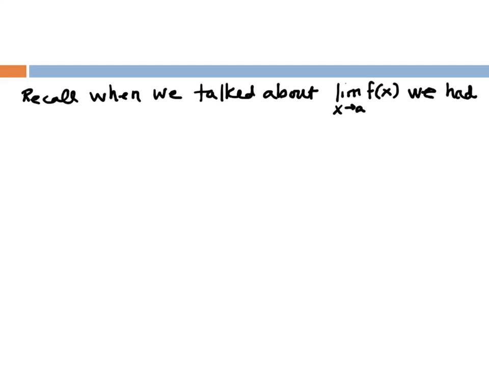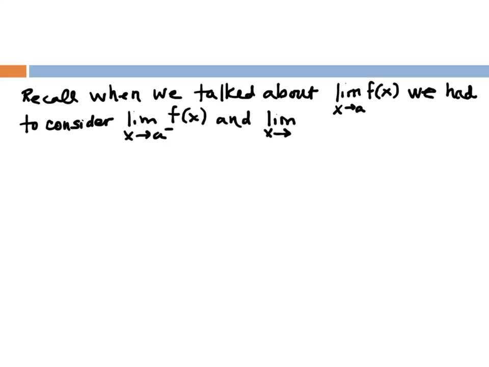We had to consider the limit as x approaches a from the left of f of x and the limit as x approaches a from the right of f of x. You guys remember that? In order for the limit to exist, it has to be the same from both sides. Well, this becomes a lot more complicated now.